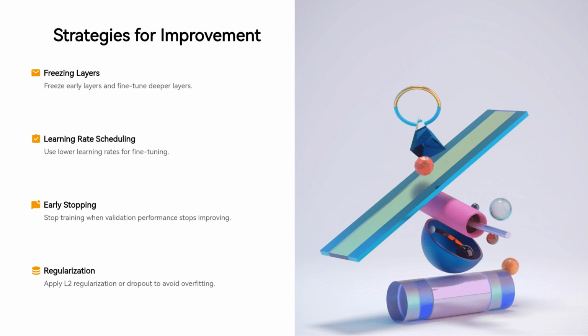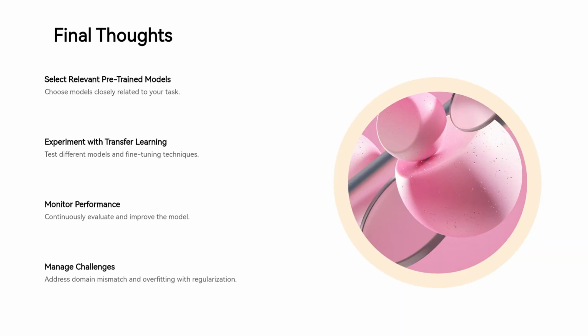In conclusion, transfer learning is an invaluable technique for many AI tasks, providing faster model development, improved performance, and lower data requirements. Best practices for applying transfer learning include: carefully select relevant pre-trained models that align with your task's requirements.